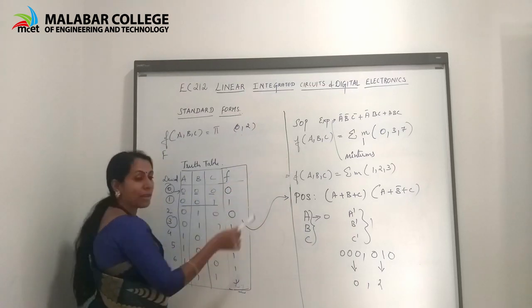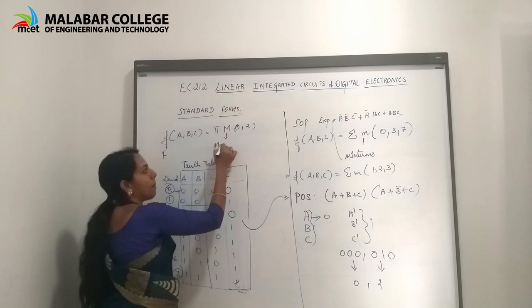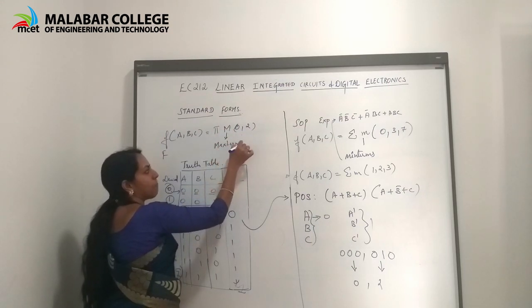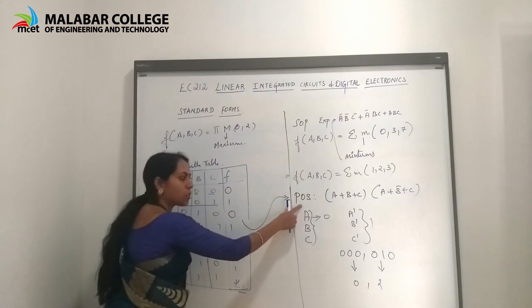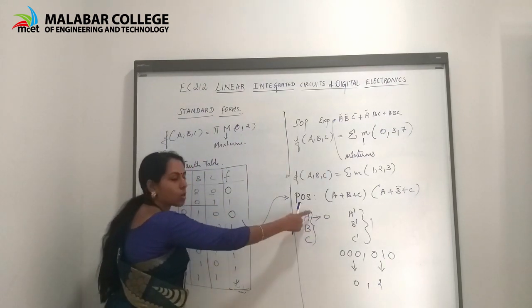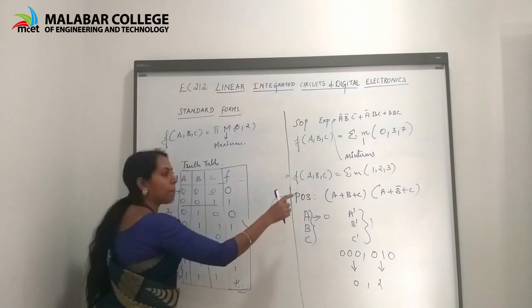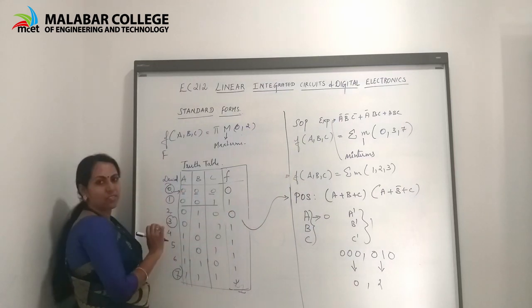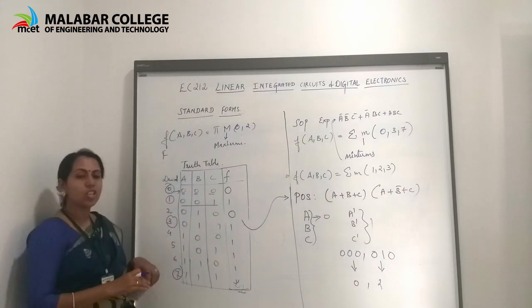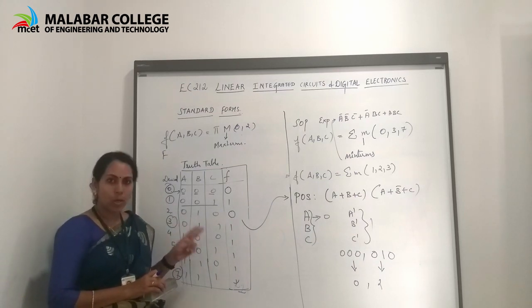And there it was minterms and here it is capital M, which represents maxterms. What are the maxterms for this particular expression? Corresponding to 0 and 2, A plus B plus C is one maxterm. A plus B bar plus C is the other maxterm for the POS function. So today we have seen the two standard forms: one is SOP and the other is POS.